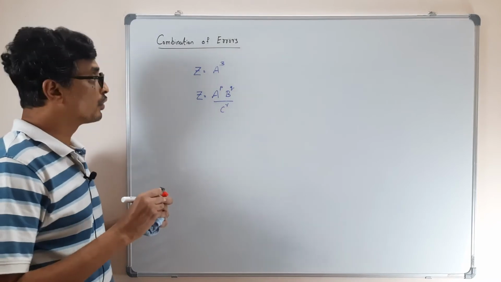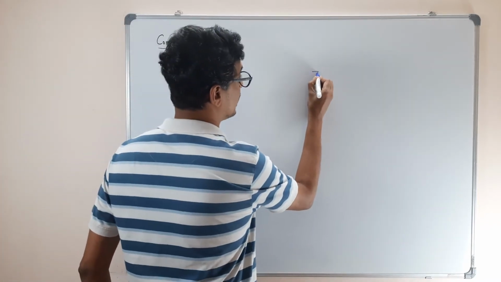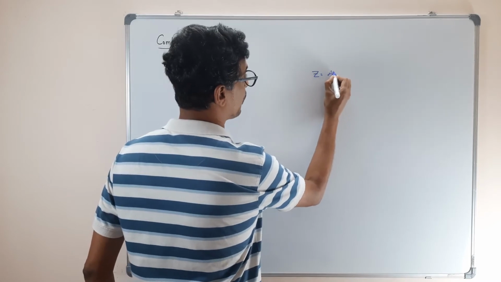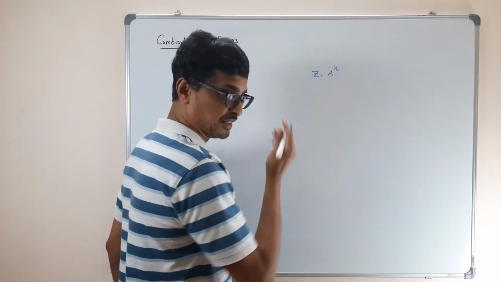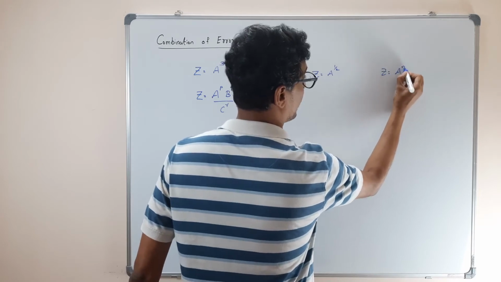Let us take your question. What was your question? Z equal to A power 1 by 2. See that formula we said, Z equal to A power n.